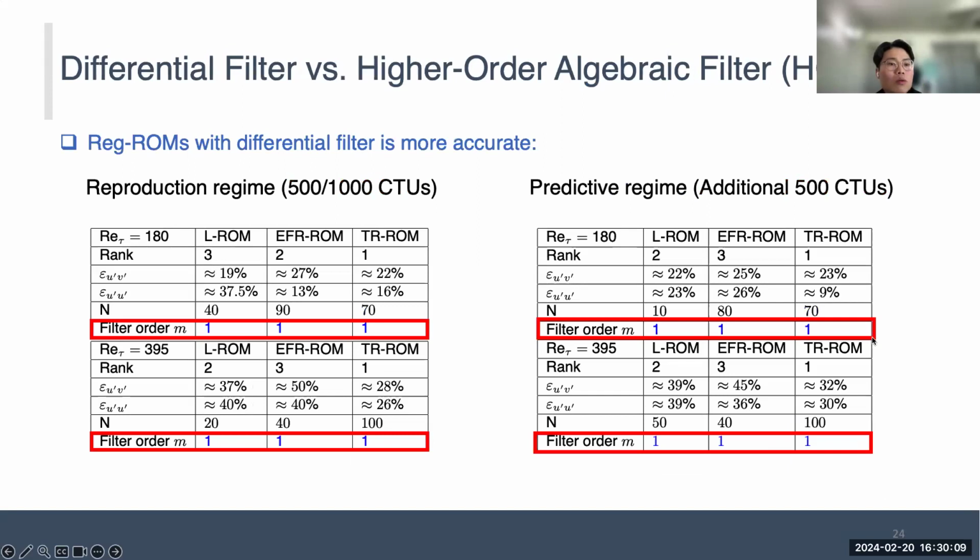We also compared the performance of RegROM with differential filter and higher order algebraic filter. In the reproduction and predictive regimes and at both Reynolds numbers, we found the differential filter, which corresponds to m equals 1, is the most accurate.